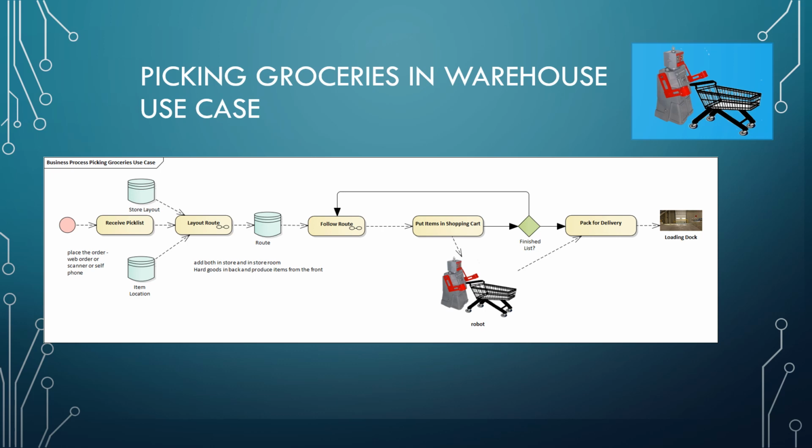That leads us to the picking groceries in a warehouse use case process flow. And this process flow will look very similar to many of the other ones. It'll have a lot of the same kinds of information in them.